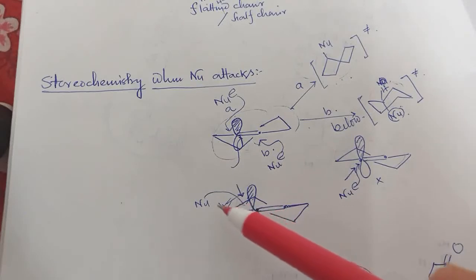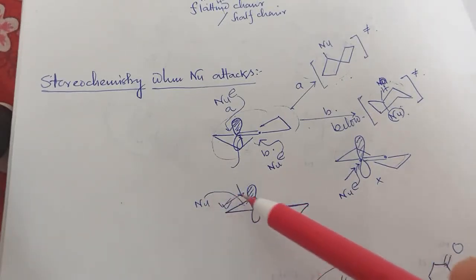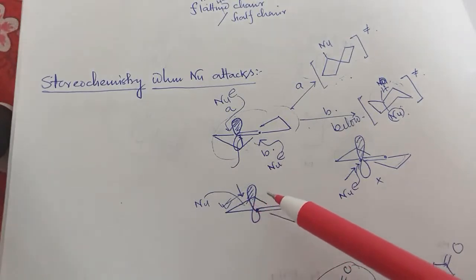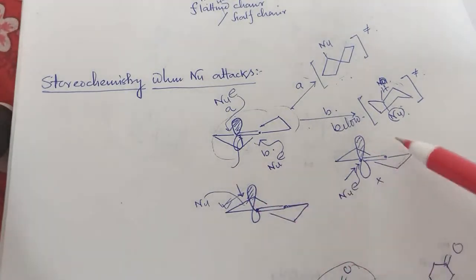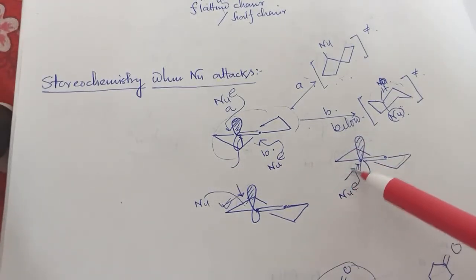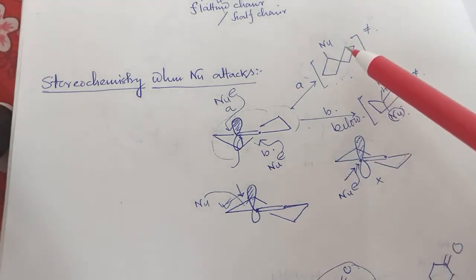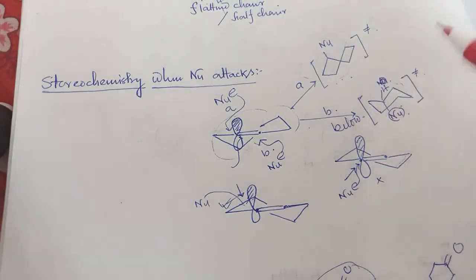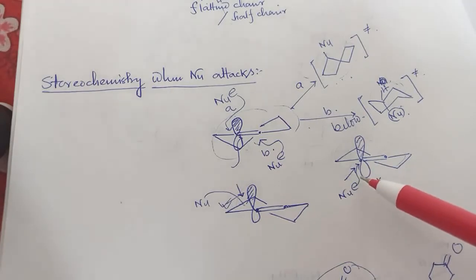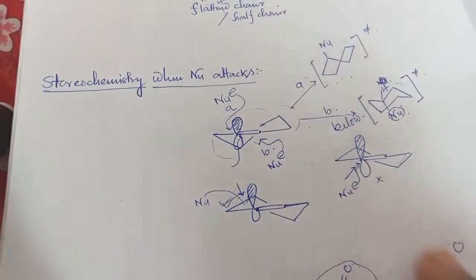In this case, the nucleophile will come from the above side, because if it comes from above, it will go through the chair like TS. And in this case, if the nucleophile comes from the below side, it will go through the twist boat like TS. So the transition state will be less stable, and this is not the feasible way. I hope we have understood it.